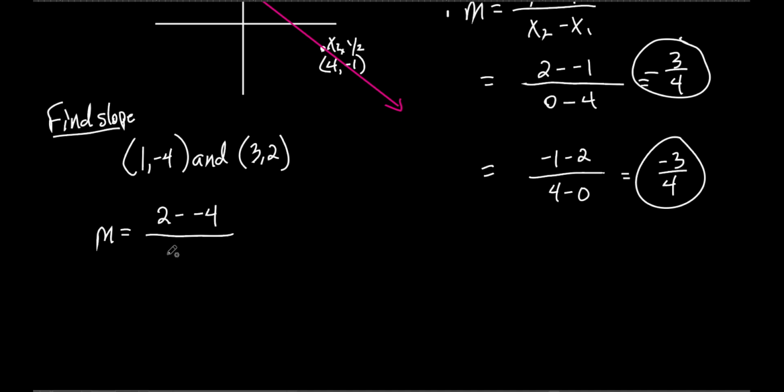I have to go 3 minus 1. I cannot go 1 minus 3 because I'm going to get a different sign. You'll get the same number answer, but you won't get the same sign, and that changes the value of it completely. 2 minus -4 is +6 over 2. So 6 divided by 2 is 3. So what's the slope? It's 3.